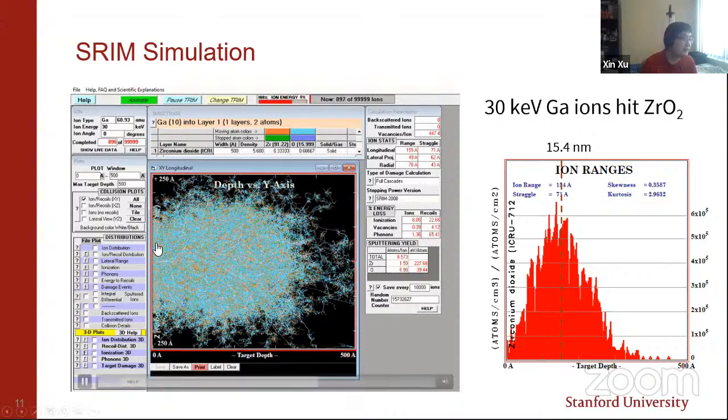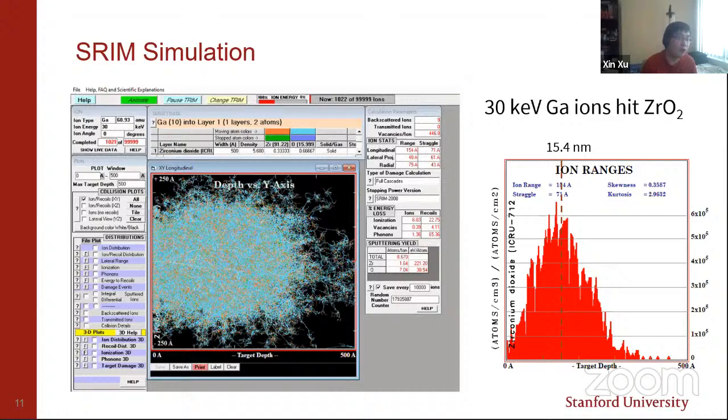During this process, the gallium ions not only penetrate deep into the material, but also sputter atoms at the surface. The definition of the sputtering yield is how many sputtered atoms over how many implanted atoms.